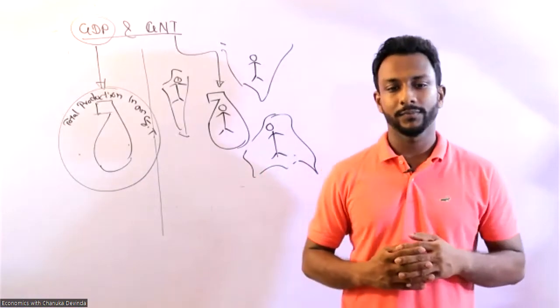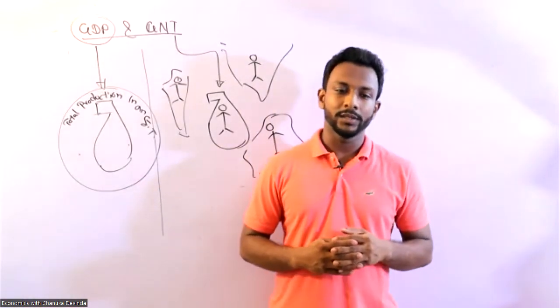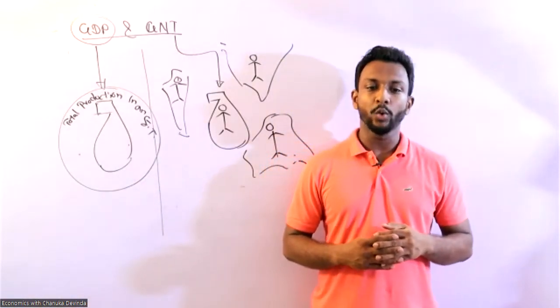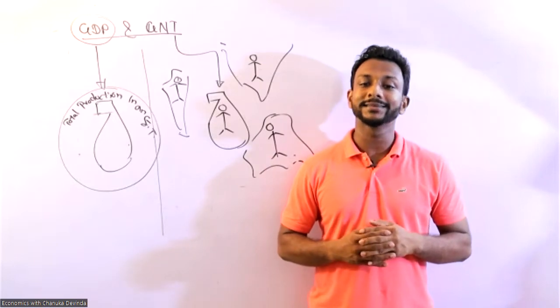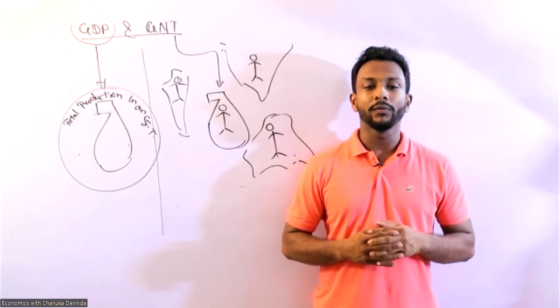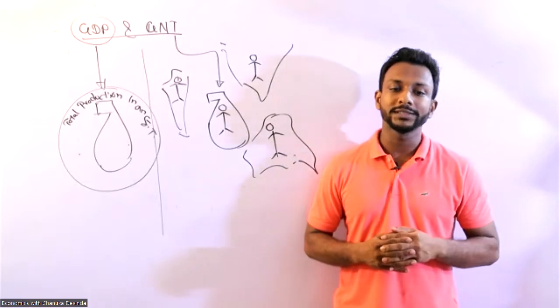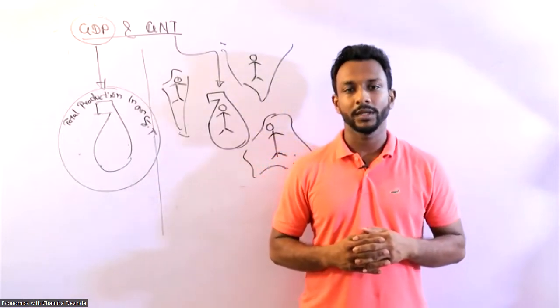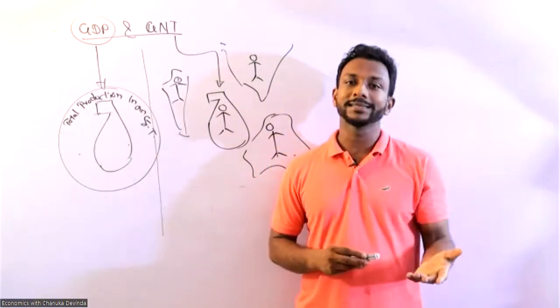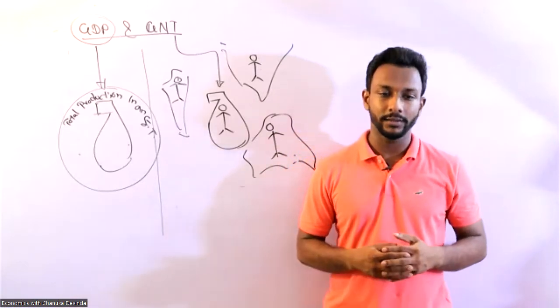GNI is the total income generated by the resident units of a country over a period of time, regardless of the economic territory.